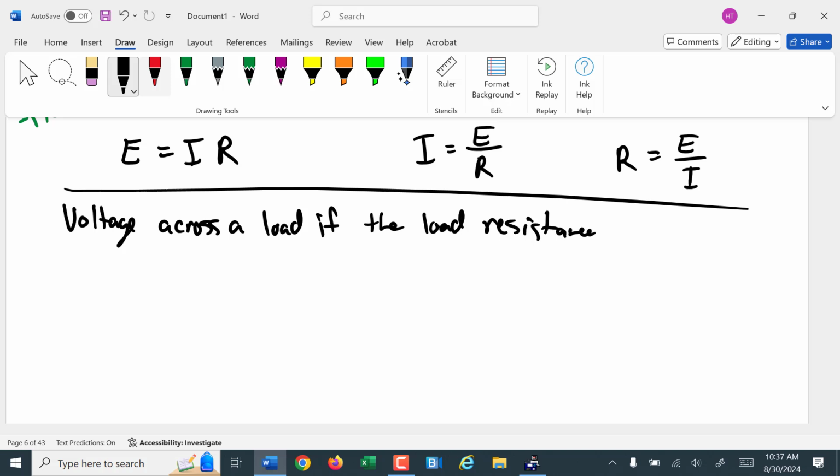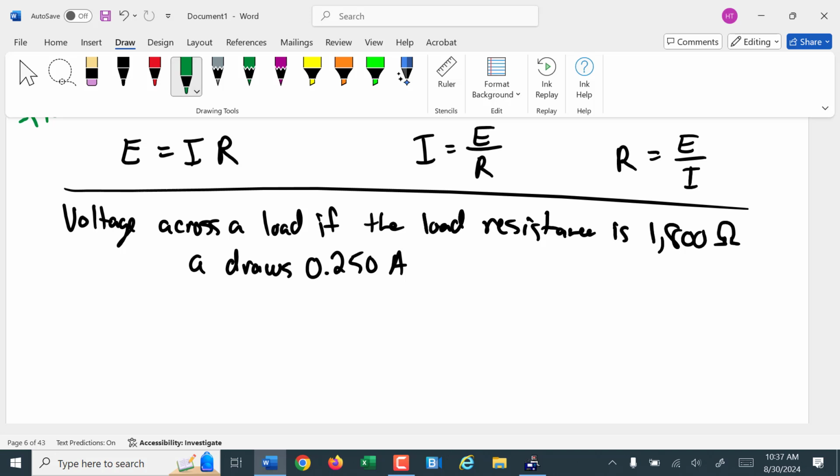So if I wanted to find the voltage across a load, if the load resistance is 1800 ohms and draws a current of 0.250 amps.